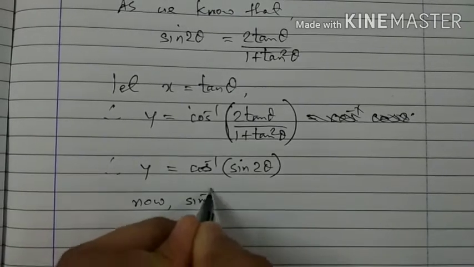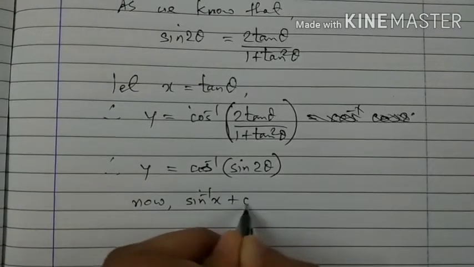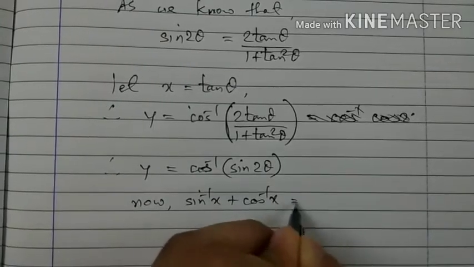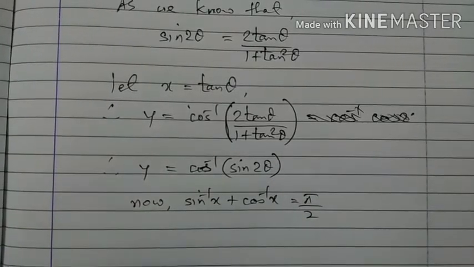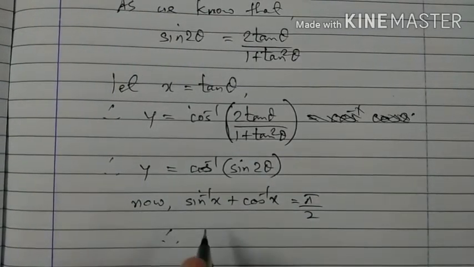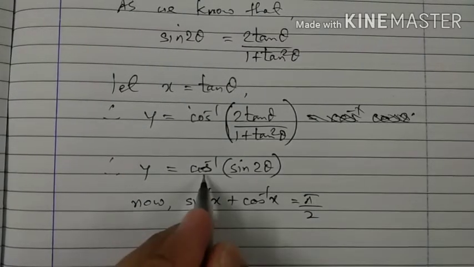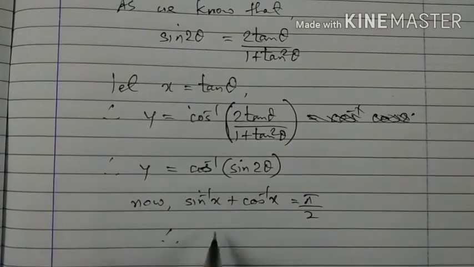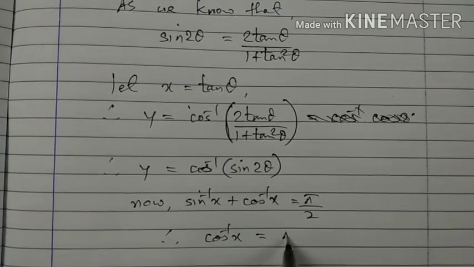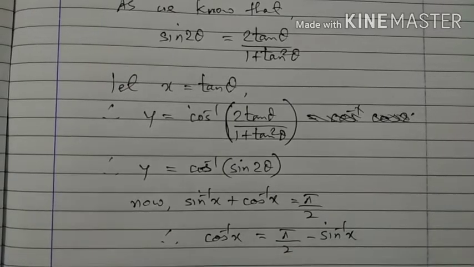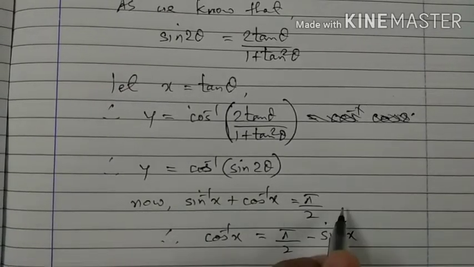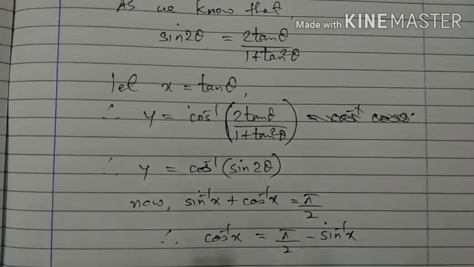Now sin inverse x plus cos inverse x equal to pi by 2. So from this identity cos inverse is to be converted into sin inverse, right? So making cos inverse x the subject, I can write pi by 2 minus sin inverse x. Sin inverse x goes to the other side, so we can write pi by 2 minus sin inverse x.